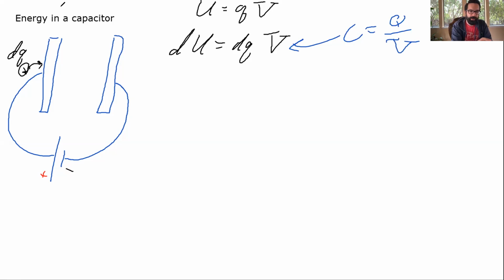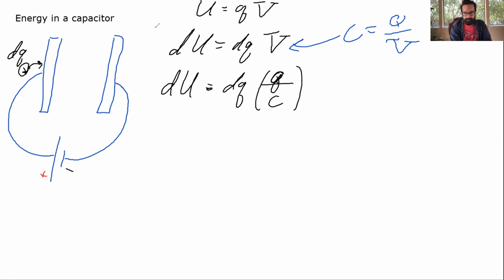Okay, so I would need to make a substitution here. dU equals dq times Q, and that's not total charge, but this is Q over C. So to find the total amount of energy here, I am going to have to integrate.